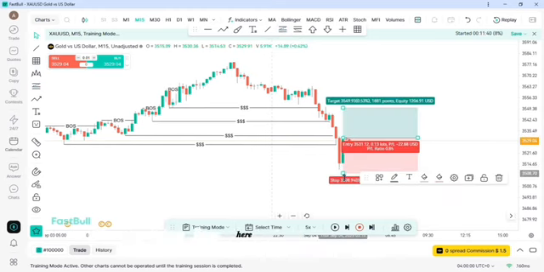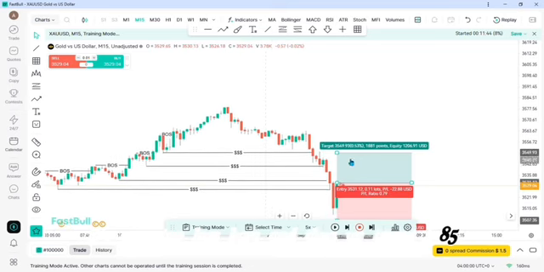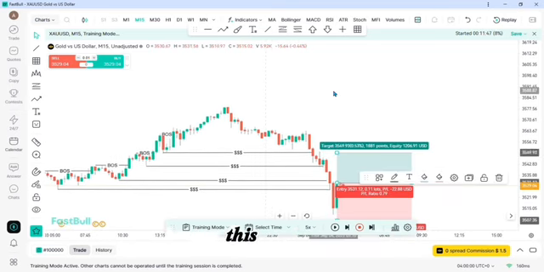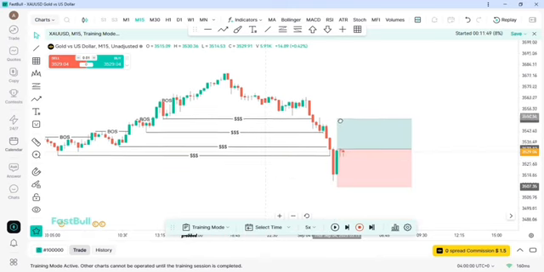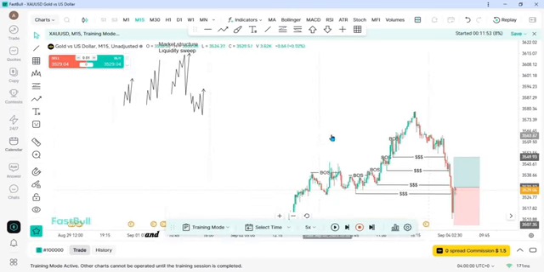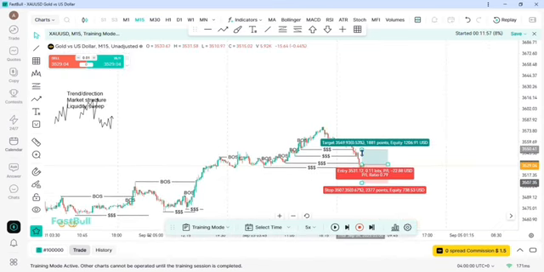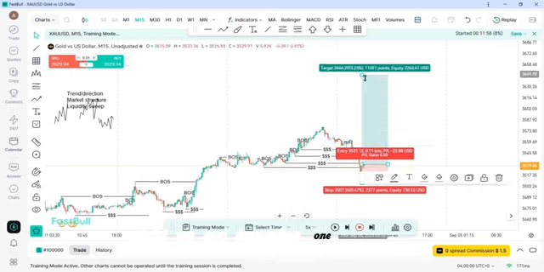So our stop loss here, and then we target 1:5, because this is an A plus setup. The market has grabbed too much liquidity, and there is not much liquidity left, right? We are targeting 1:5.